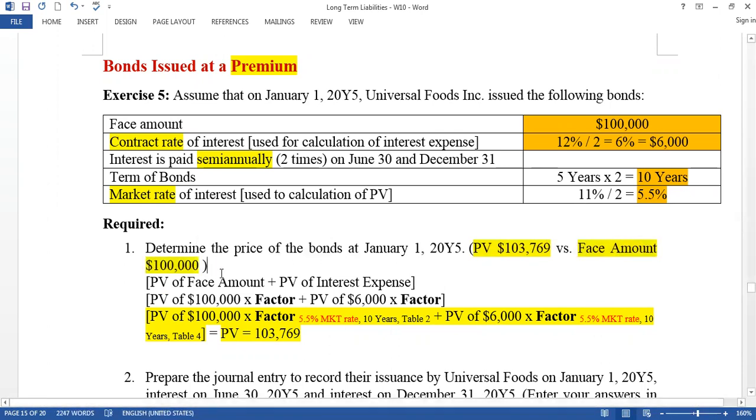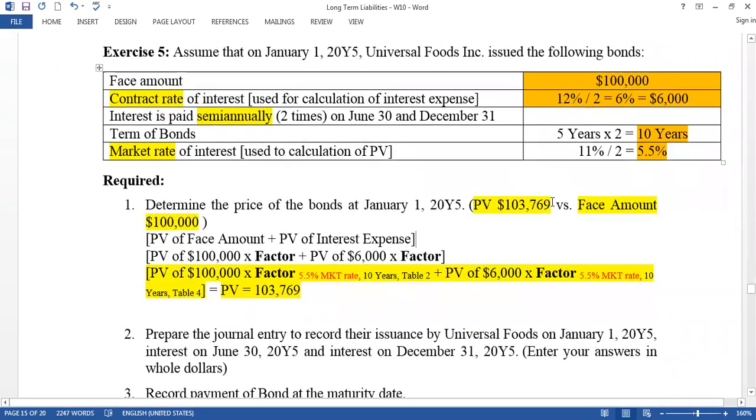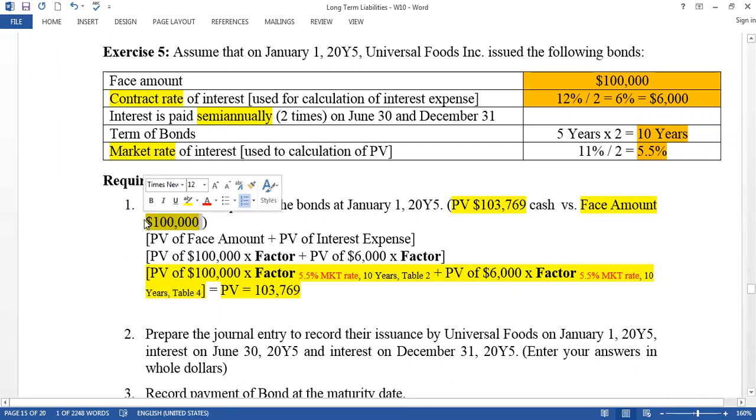Now, based on this information, let me show you the diagram. So what is the meaning? Present value means this is the money you receive in cash today, right? This money you receive today, but you are liable to pay $100,000. So is it good news or bad news?